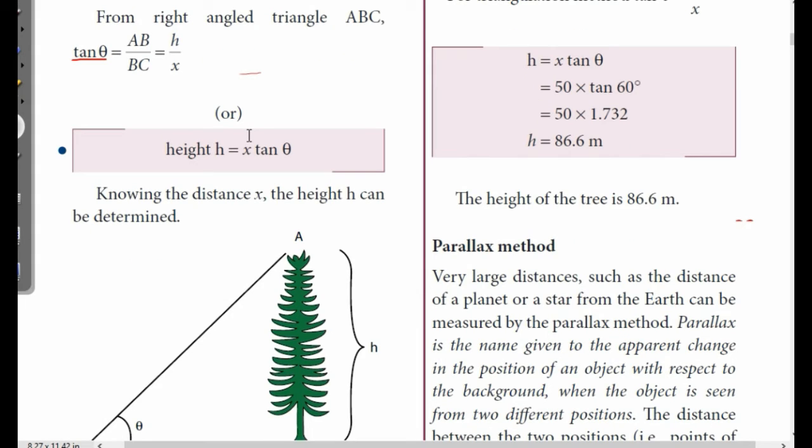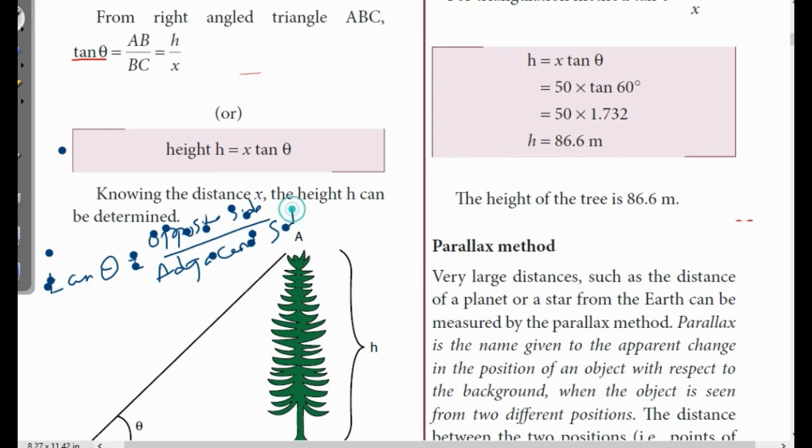Using the right angle triangle ABC, we know that tan theta is equal to, what is the tan theta formula? Opposite side by adjacent side.